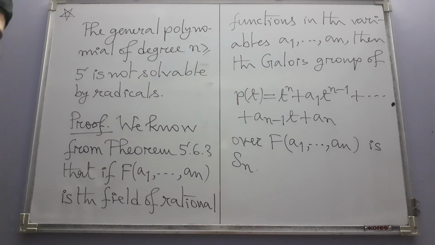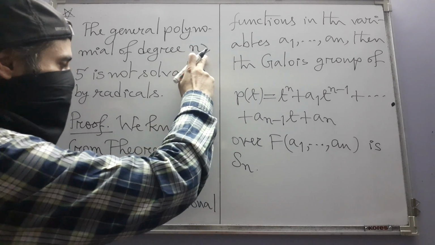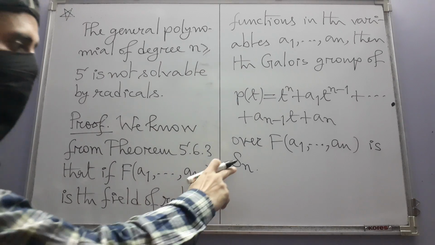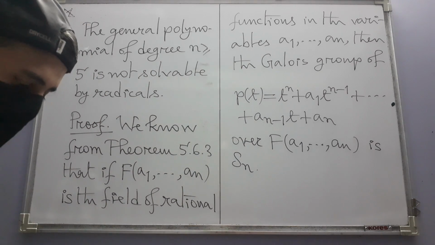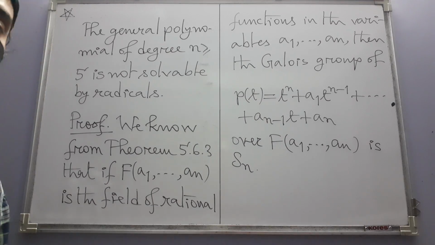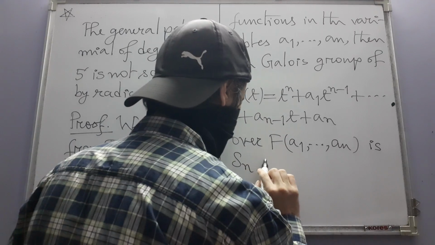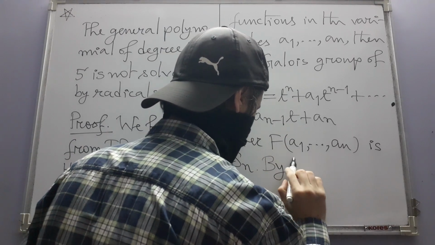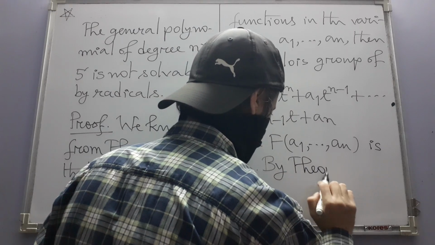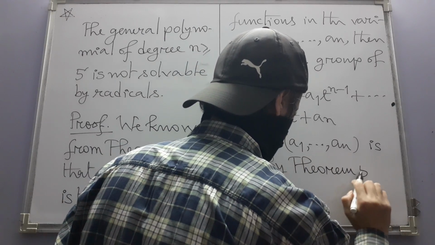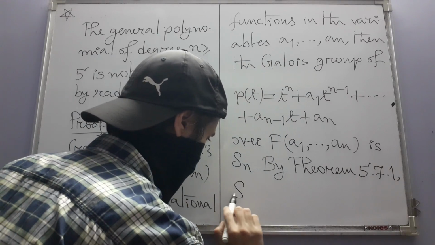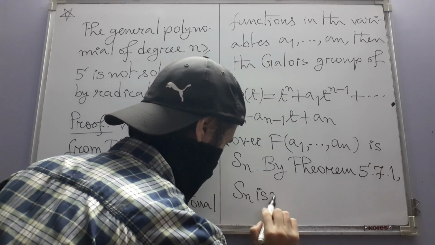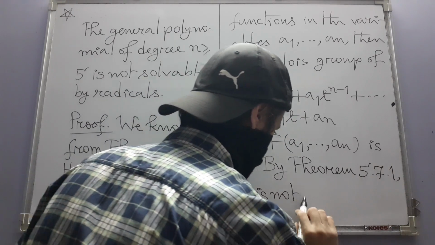And we have already proved that for this type of n, where n is at least 5, S_n is not solvable. That result is theorem 571. By theorem 571, S_n is not a solvable group.